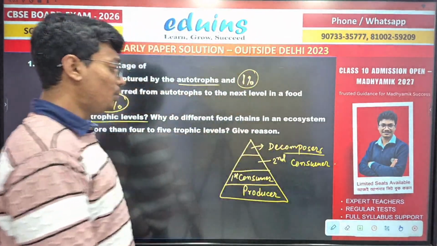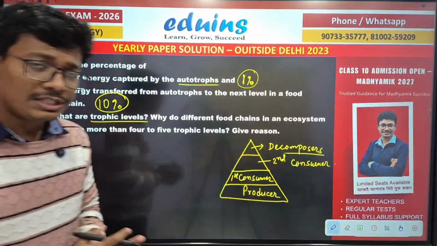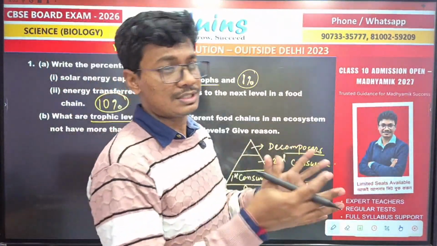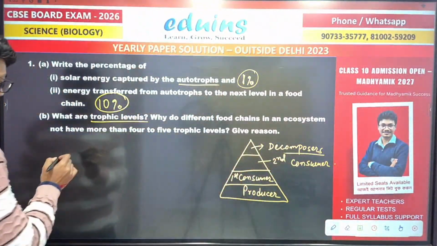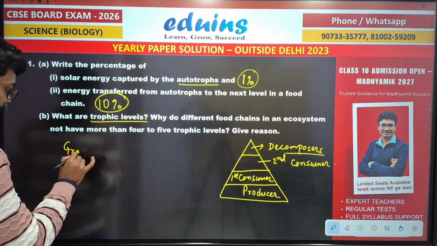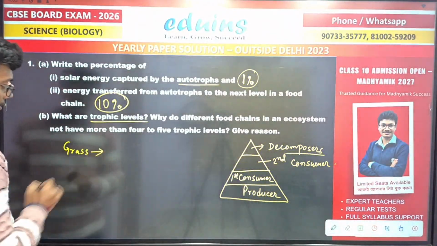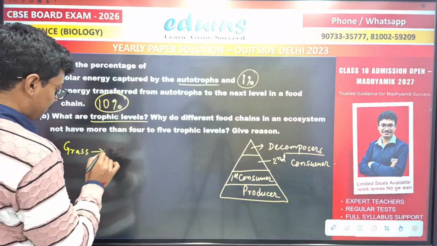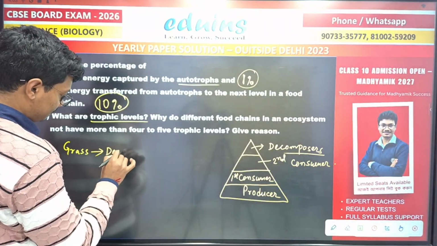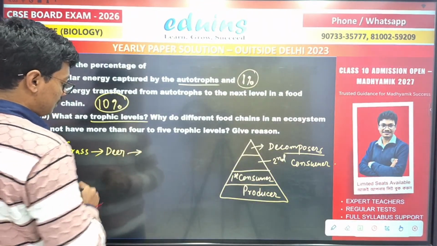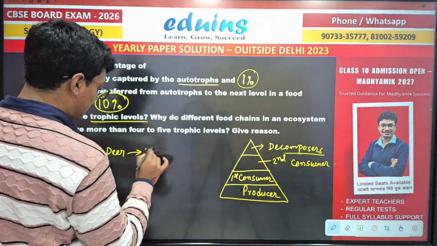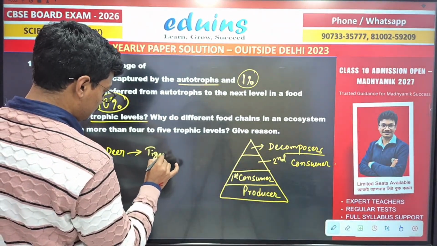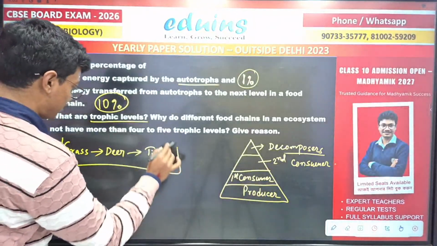Okay, so in an ecological pyramid or in a food chain, what is it? The grass is eaten by the deer, and the deer is predated by the tiger. Okay, so this is a food chain.